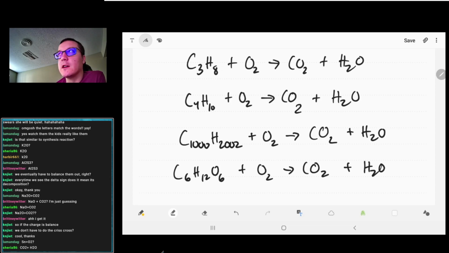Or rather, that's glucose metabolism, I guess, all over the place. But you could also just burn glucose, and you would get the same thing as if your body were doing it, or some organism was doing it. So you can have oxygen as part of your hydrocarbon as well. So hopefully that reaction is the easiest one of all to predict, because the products are always the same. So, easy.